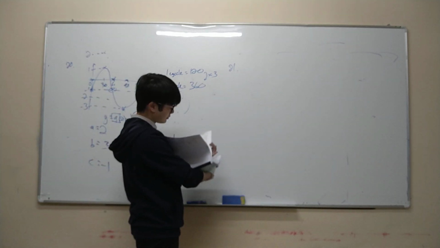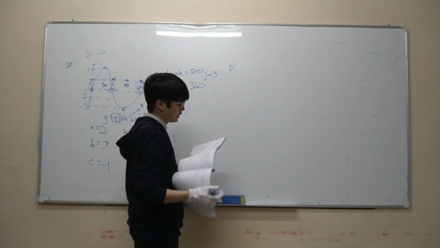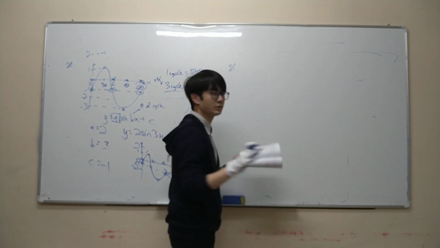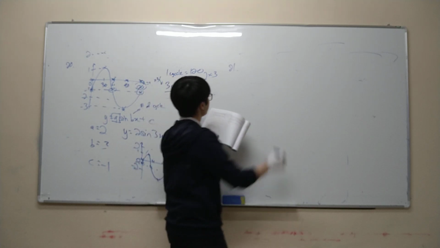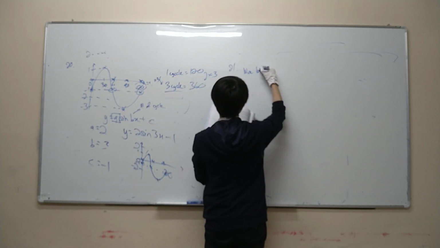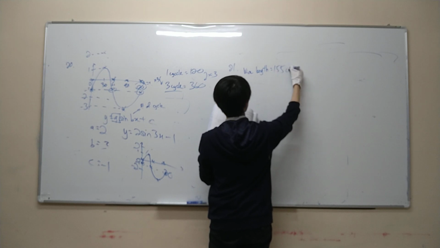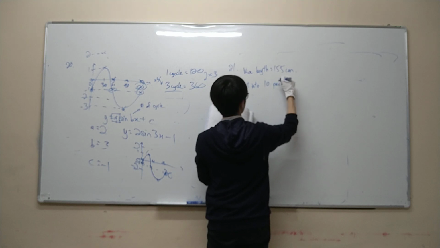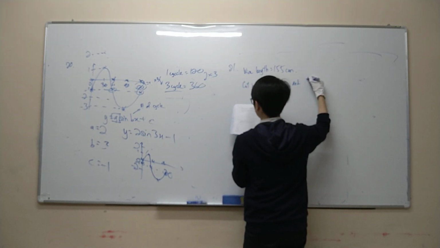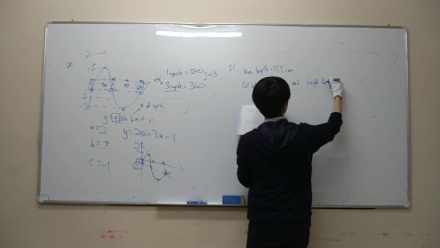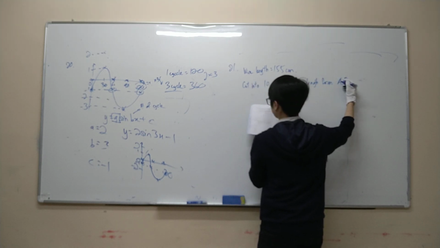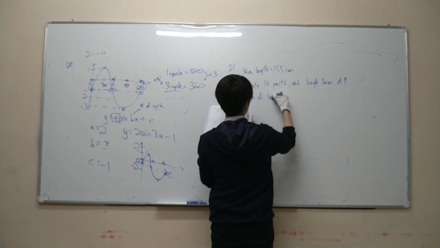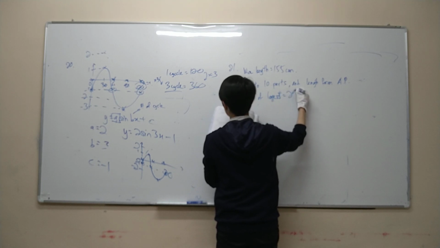Okay, wait. This book so heavy. Okay, 21. The piece of wire with length 155 cm, cut into 10 parts, and length form arithmetic progression, and then length of longest equals 29.